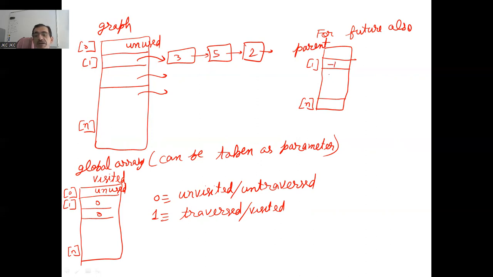Initially I will keep everyone as -1. But later, once from 1 I first went to 3, node 3 I reached via node 1, so the parent of 3 will be 1, because I reached node 3 by traversing the adjacents of 1.